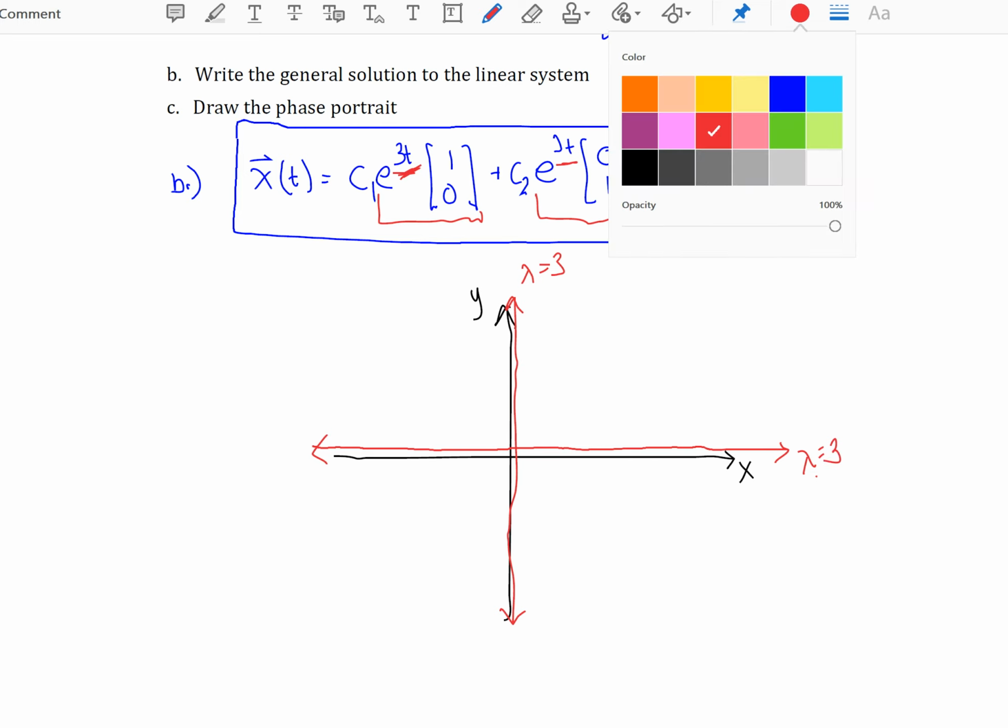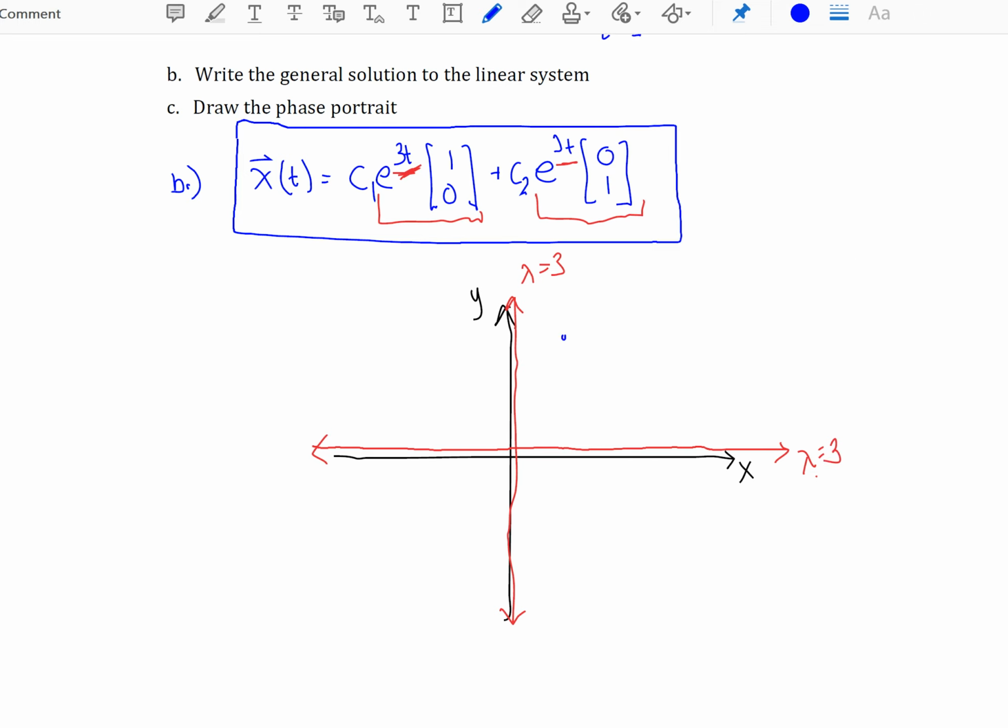So if we started with an initial condition that was anywhere in the plane, it would be influenced by these two solutions, but they'd be influenced equally. This would produce a series of straight lines always emanating from the origin. I'm drawing the best straight lines I can on my tablet.